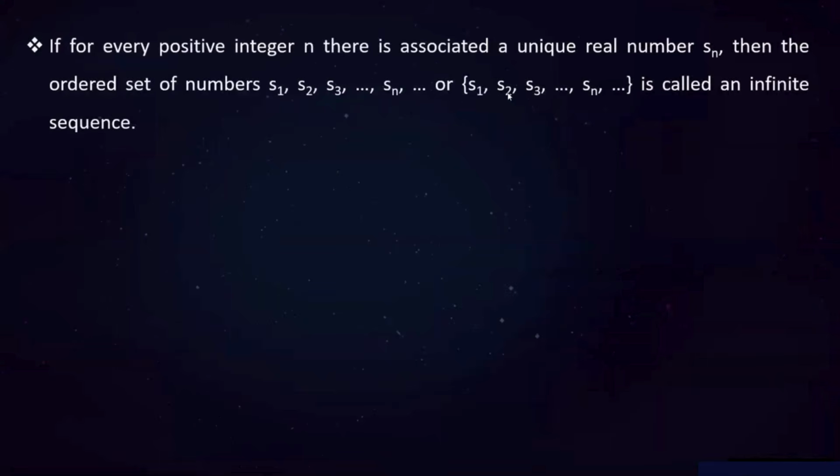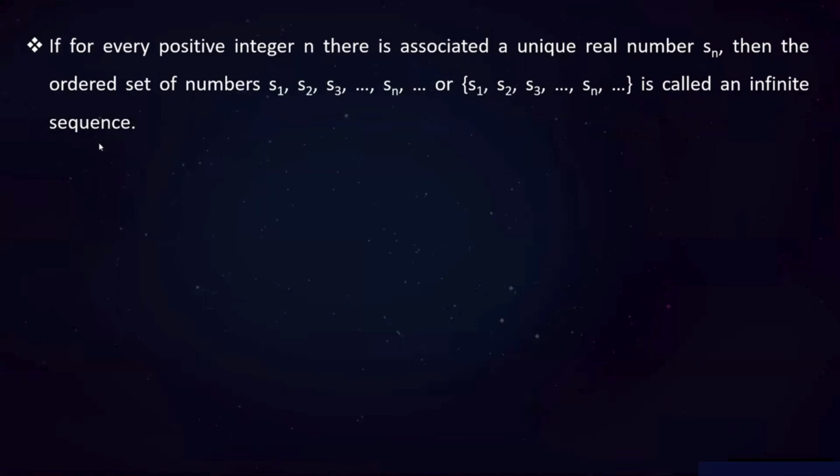Now see, when you are given a set of numbers like this, S1, S2, and so on, Sn, the same as whatever I've discussed till now, corresponding to all these numbers, if you can associate them with some positive number, right? If for every positive integer n, understand, the set of natural numbers and positive integers are both the same, if for every positive integer n there is associated a unique real number Sn, then the ordered set of numbers S1, S2, and so on, Sn, is called an infinite sequence.